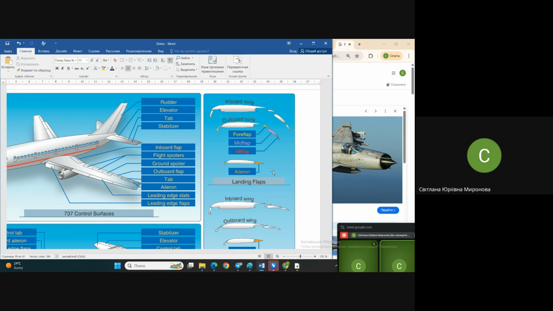So 50 tons of airplane is approximately 100 passengers. What airplane? It's a rather big airplane. Do you imagine?